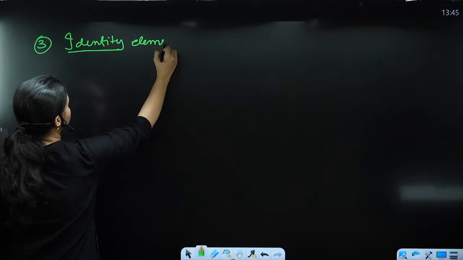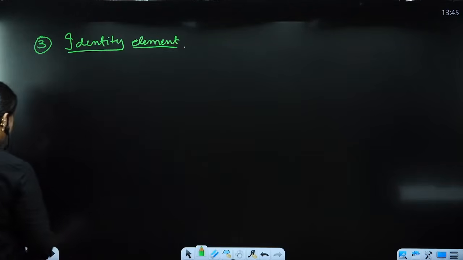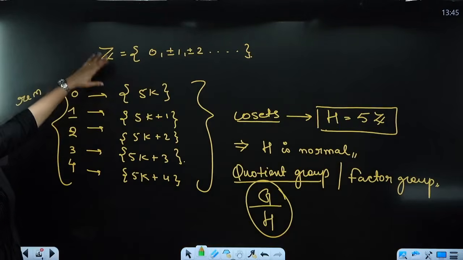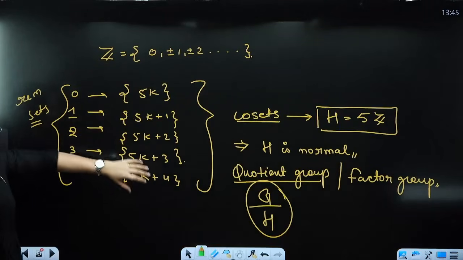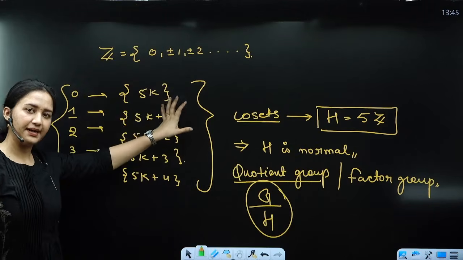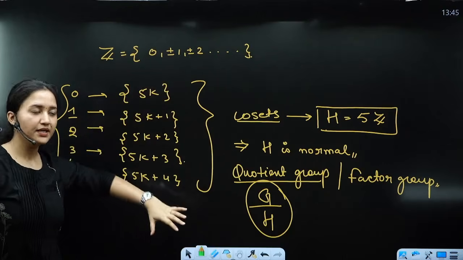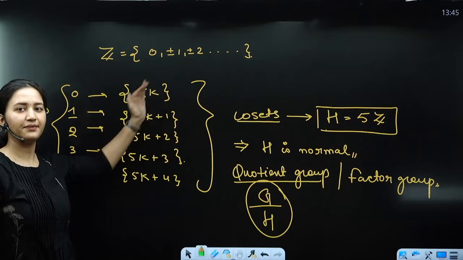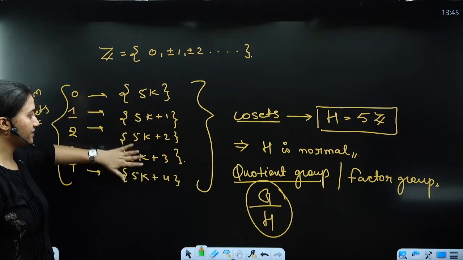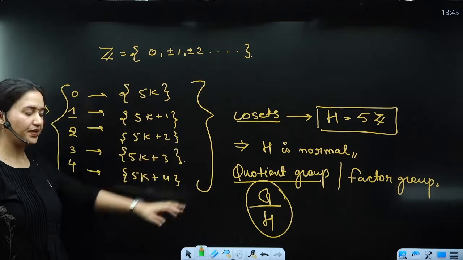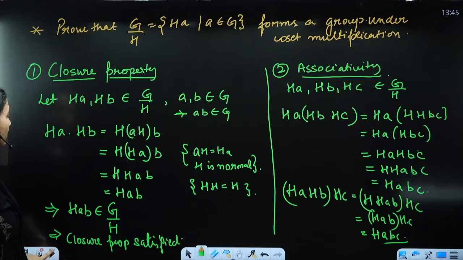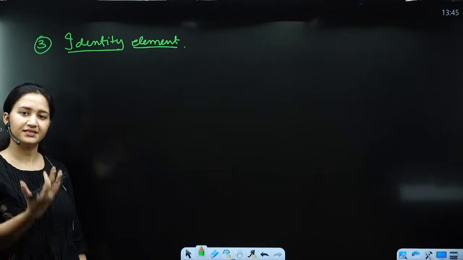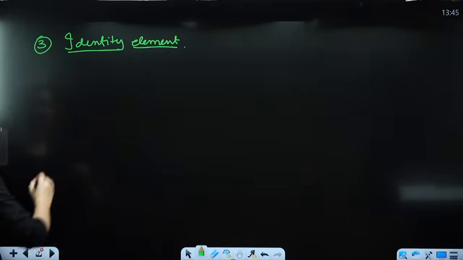Just think about it. Think about this example that we did here. What was the identity element? Identity element was if you multiply by that element, you're going to get the set again. If I multiply 5k plus 2 by 5k, that means if I'm adding these two cosets, again I'm going to get 5k plus 2. So for a quotient group, the H group with respect to which you are forming the cosets is the identity element, right?